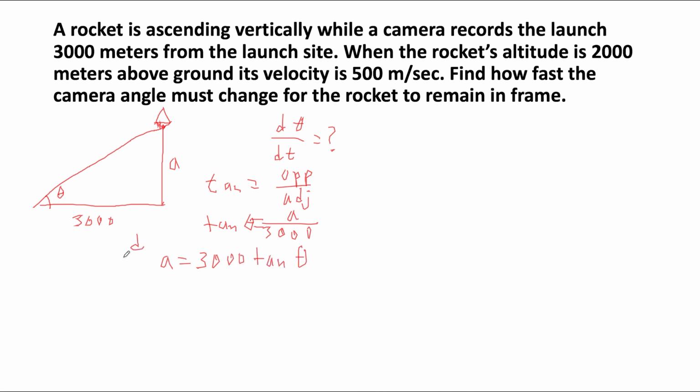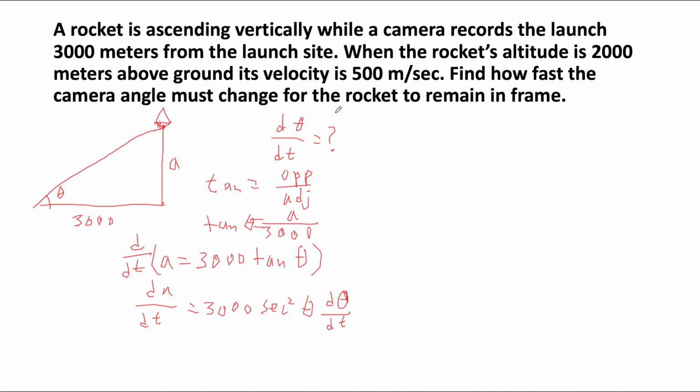And of course we can take the derivative with respect to time of this now that we have an equation relating two variables. So we get dA/dt equals 3000 secant squared theta d theta/dt.